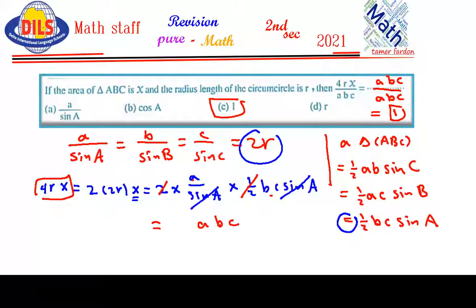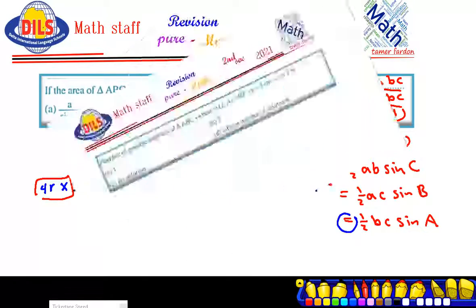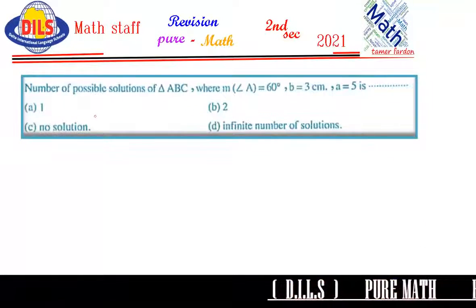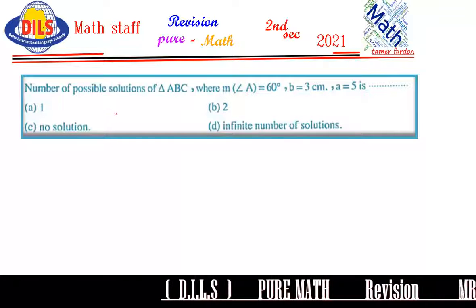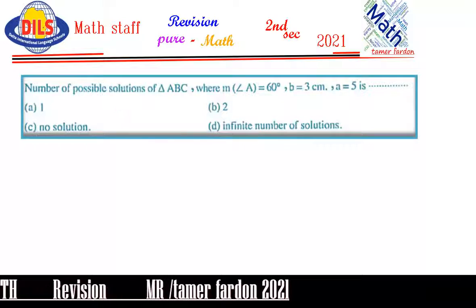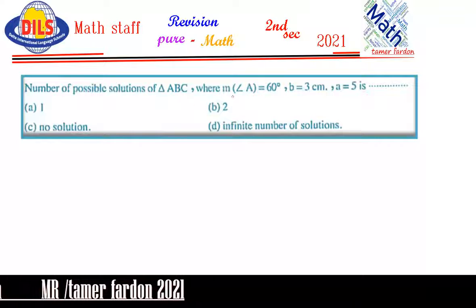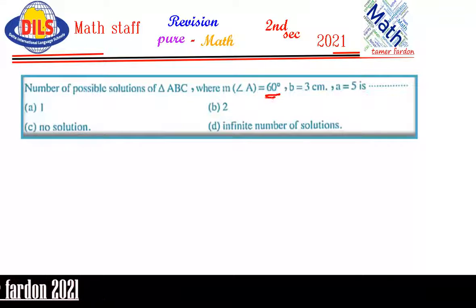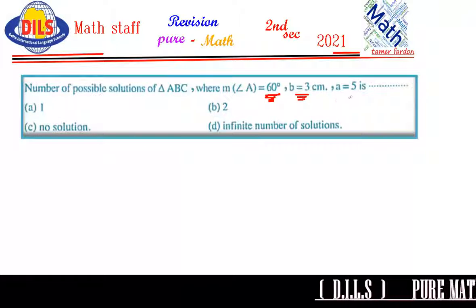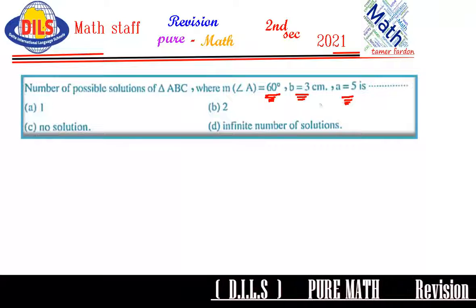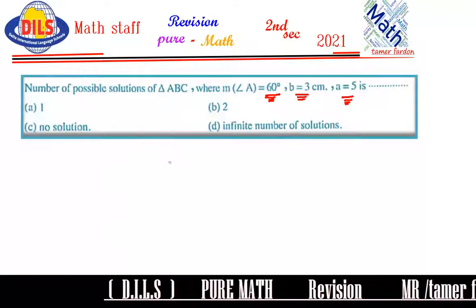Okay. The next, number of possible solutions of triangle ABC where measure of angle A is 60 degrees, b equals 3 centimeters, a equals 5 centimeters.